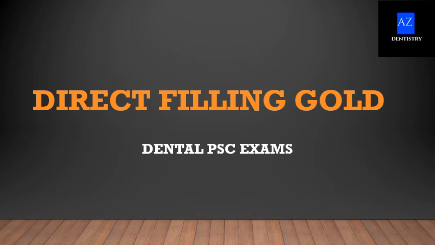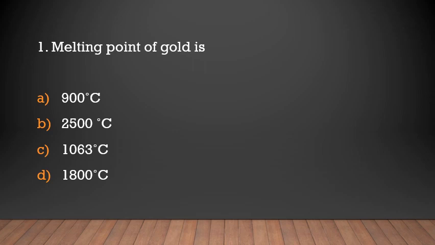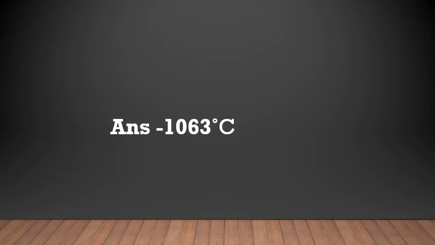In this video, we are going to discuss important MCQs related to direct filling gold. Melting point of gold is 900 degrees Celsius, 2500 degrees Celsius, 1063 degrees Celsius, 1800 degrees Celsius. 1063 degrees Celsius.